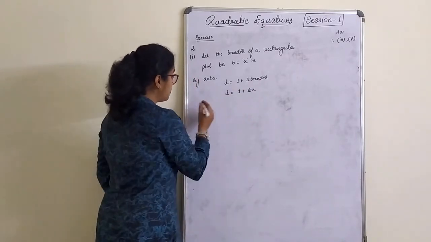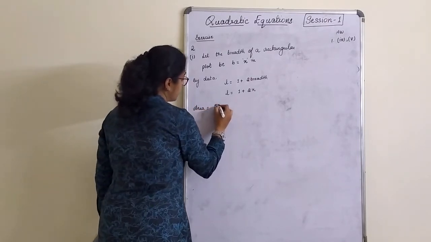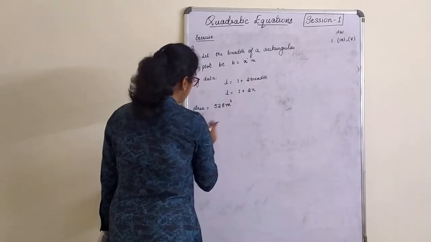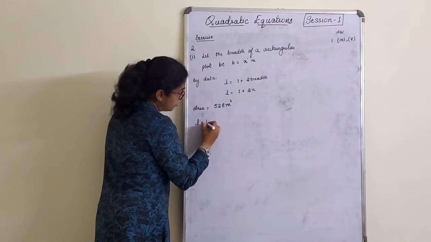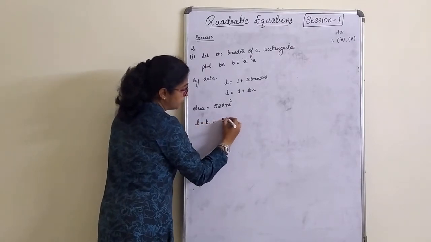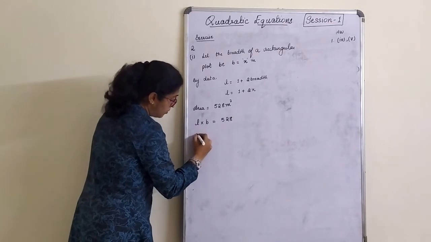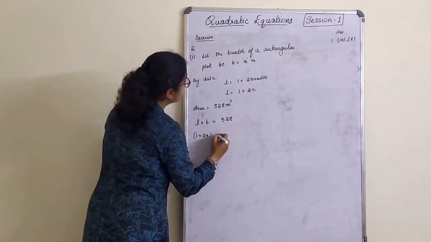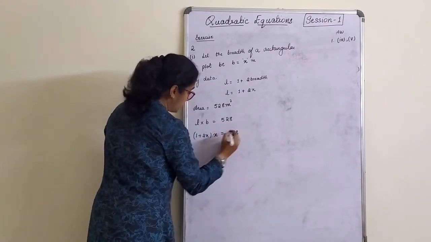Further, the area of the plot is given. How much? 528 meter square. How do we write area? Length into breadth is equal to 528, right? Length is 1 plus 2x. What is breadth? Breadth is x, is equal to 528.